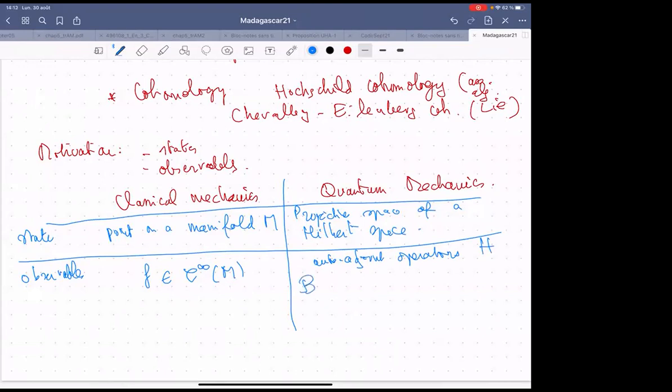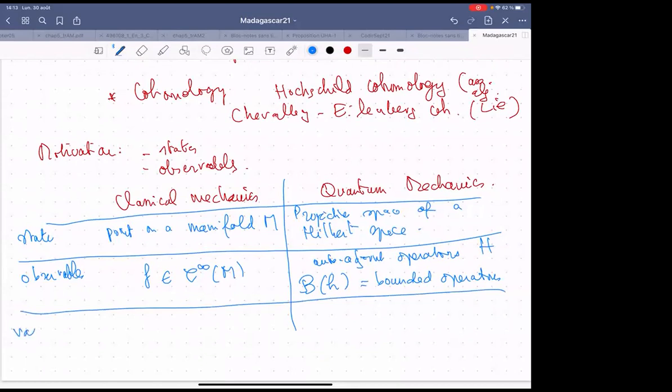Here we have to consider all the bounded operators of the Hilbert space. And the value of an observable is, of course, the image of a point of M. And here it is the spectral value of H.